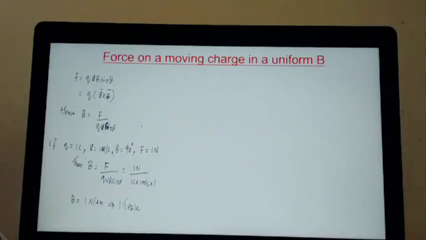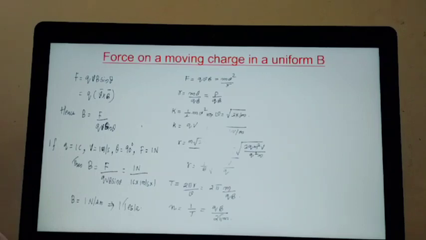And if it is a uniform magnetic field, there is no translatory motion, it has only rotational motion. So the force F is equal to q into v cross B, and since v cross B is perpendicular to v, that is the centripetal force, and it is given by mv square divided by r.